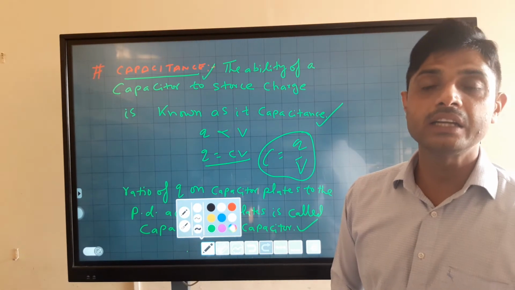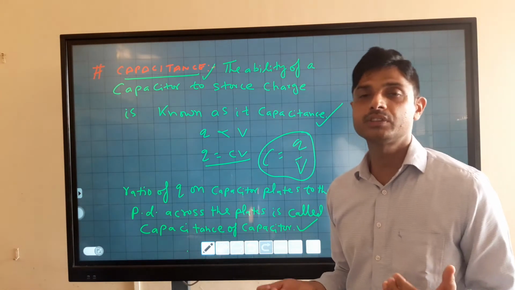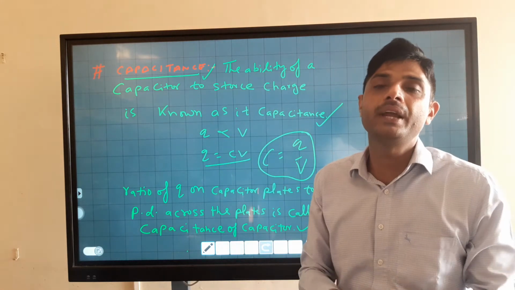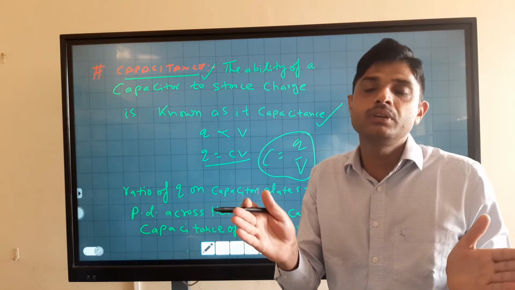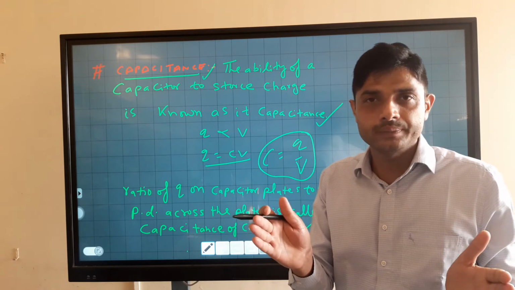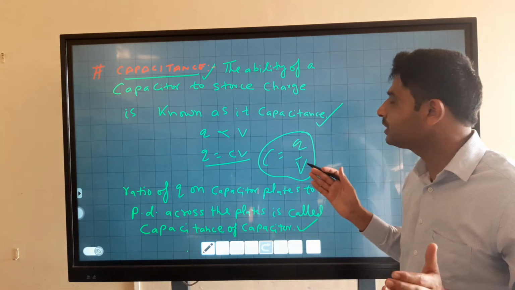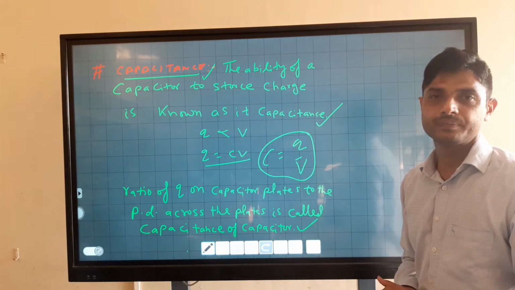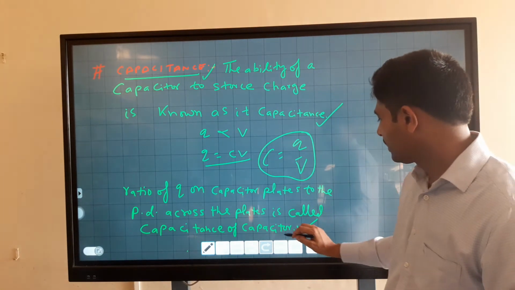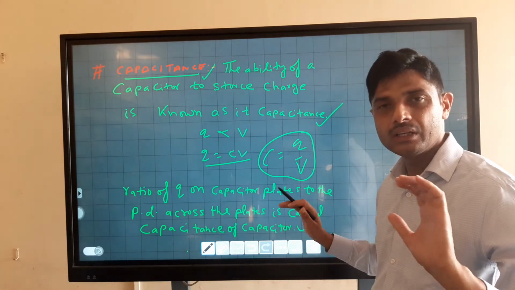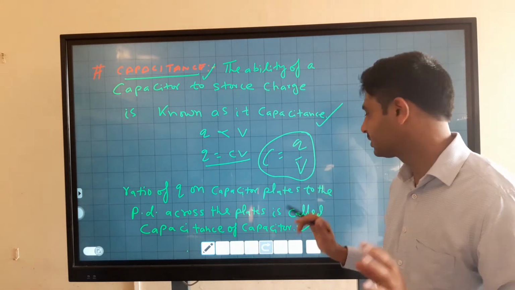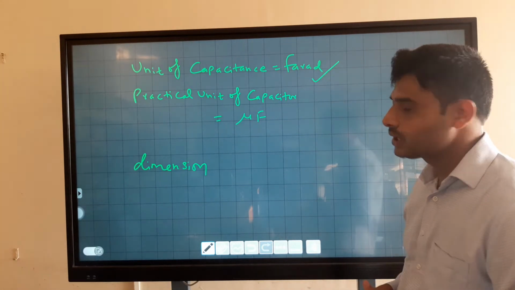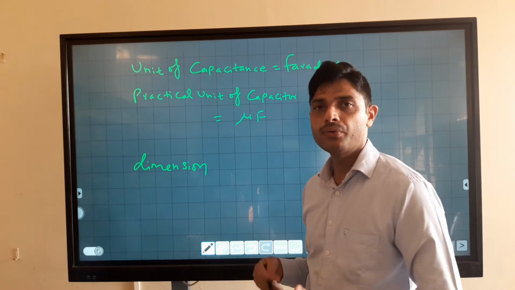We can increase the capacitance of a capacitor by changing its configuration, the area of the plates and the distance between the plates. The capacitance of a capacitor is fixed. The unit of capacitance is the farad.